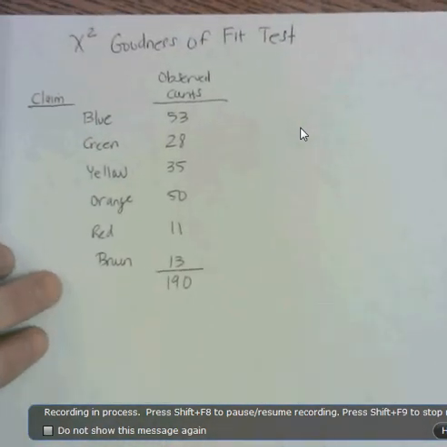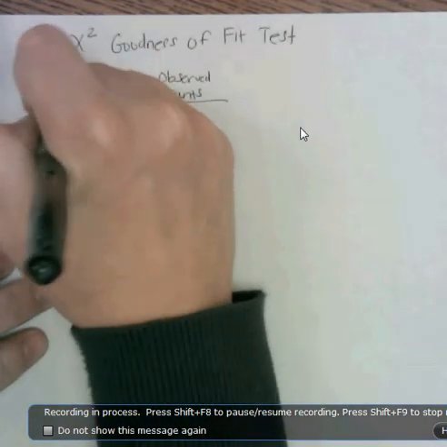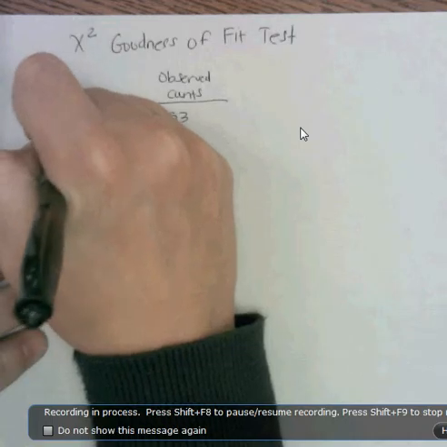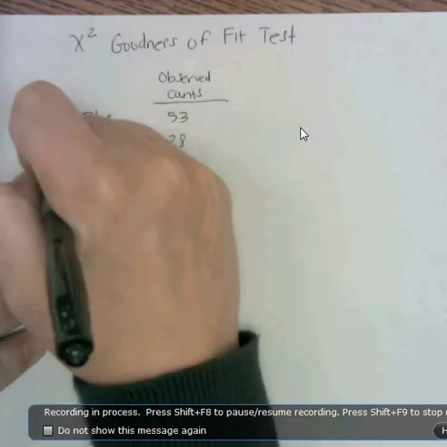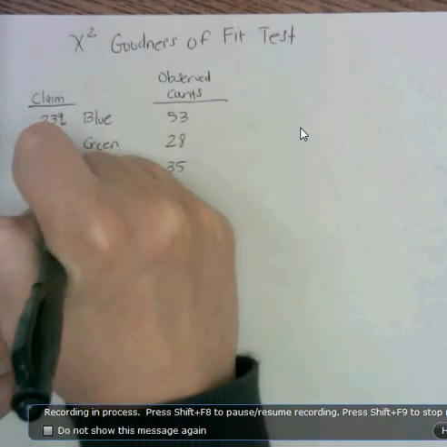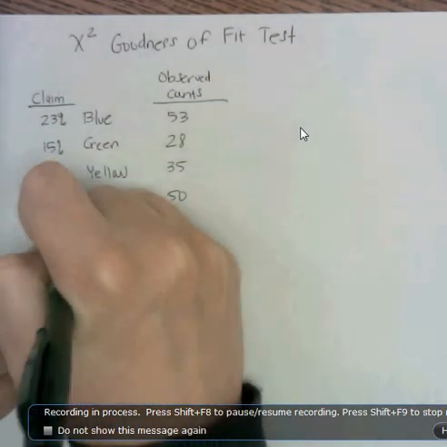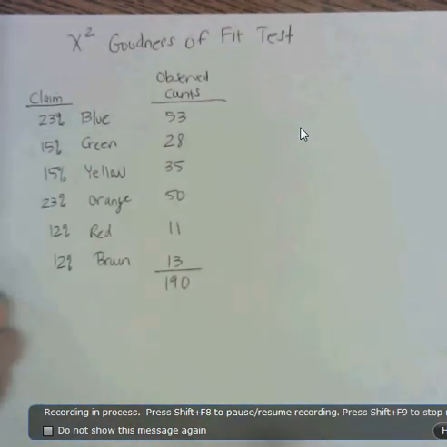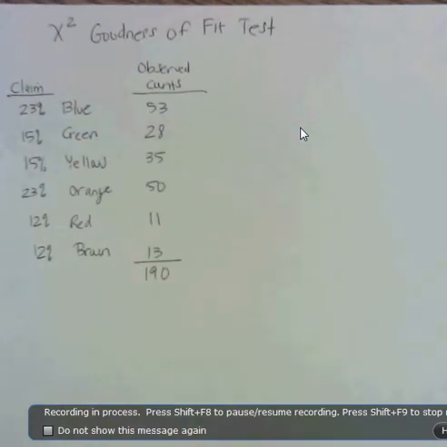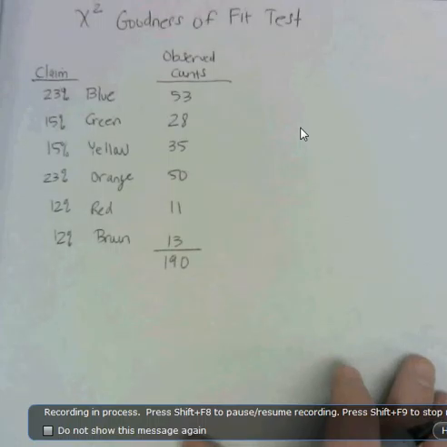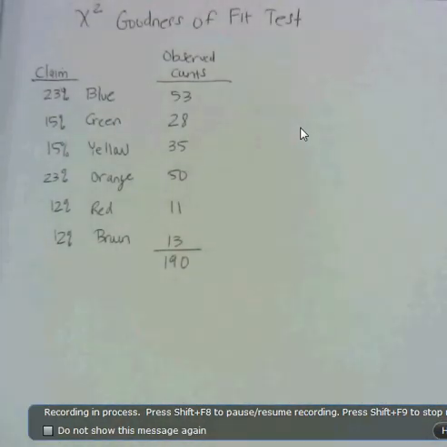So here is M&M's claim that 23% are blue, 15% are green, 15% yellow, 23% orange, 12% red, and 12% brown. So using this, we want to compare M&M's distribution to what we got. We want to see, is their claim the same?